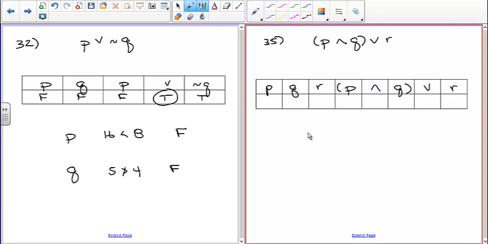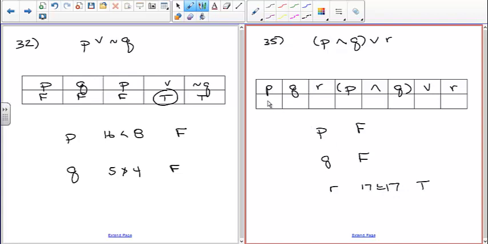Now, again, from the previous one, we know that P is false. The P statement is false, and the Q statement is false. And in this case, R is that 17 is less than or equal to 17, which is true. So 17 is equal to 17.